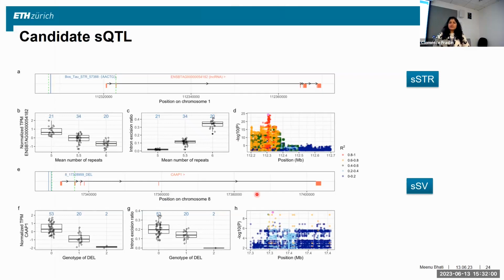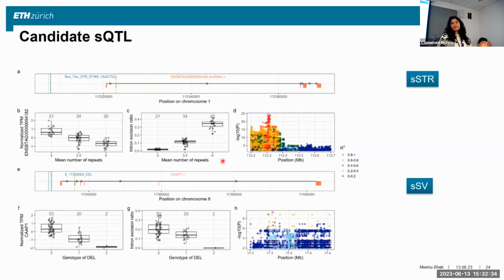And similar to eQTL, we also checked the candidate sQTL. Here you could see one amazing thing, do not ask me why: both are present upstream of the gene. So this STR we identified upstream of this long non-coding RNA. The green boundaries are actually the splice junctions, and these splice junctions were highly associated with the splicing of this long non-coding RNA, which you can see from the intron excision ratio.